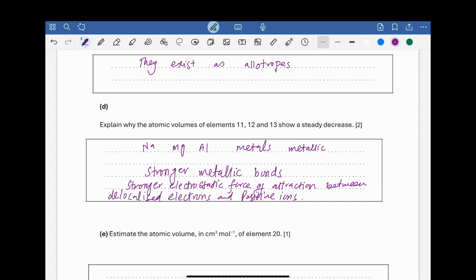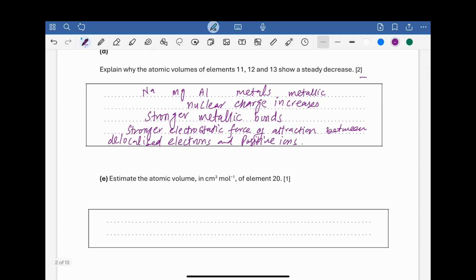Also, you can write the nuclear charge increases across a period. So we're moving across a period. This is a 2 mark question. One mark will be for writing nuclear charge increases. The second mark we can give for stronger metallic bonds, or stronger electrostatic force of attraction between delocalized electrons and the positive ions.